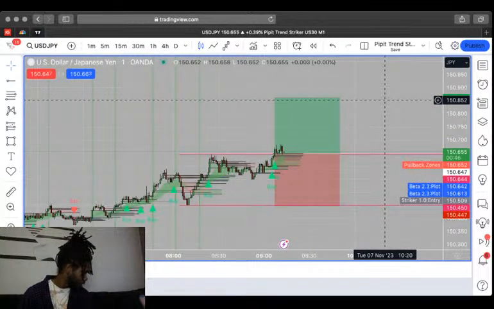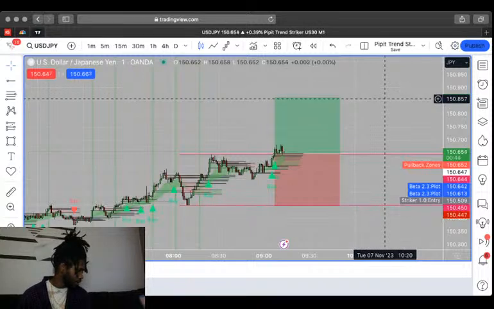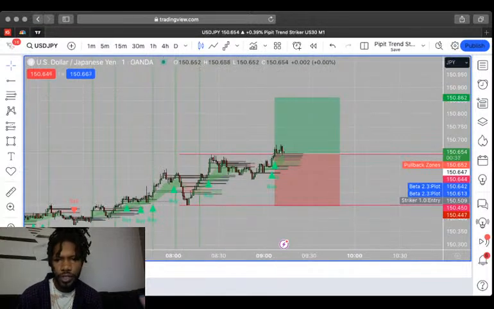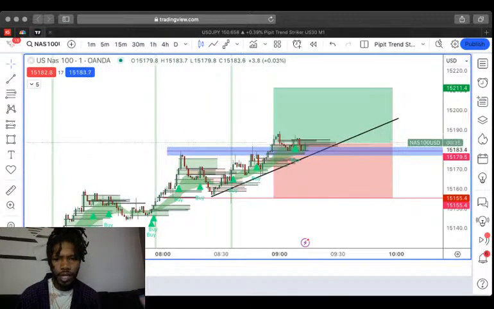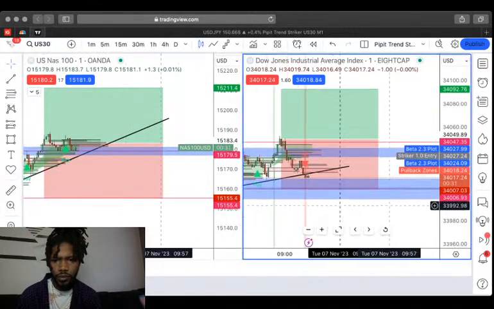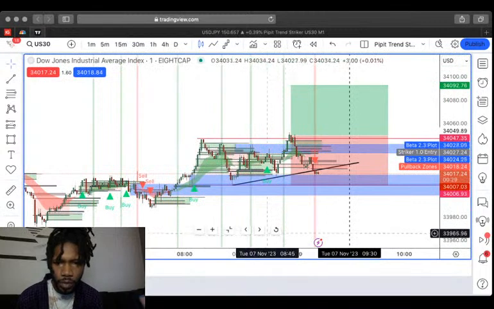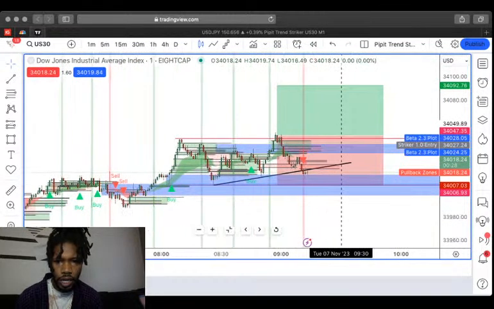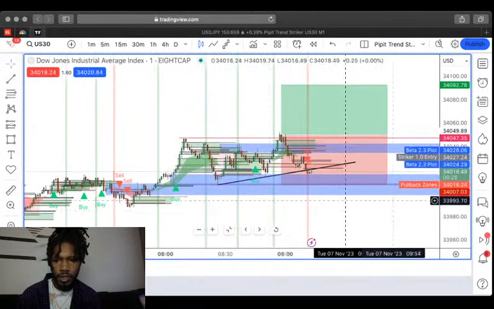We are in UJ. EU is still pushing to the downside, which is nice. US30 is not looking too good. It's actually continuing to push down. Nas is struggling a bit to break above. All right, so US30 is looking like we might be looking to actually get out of US30 and take it to the downside.